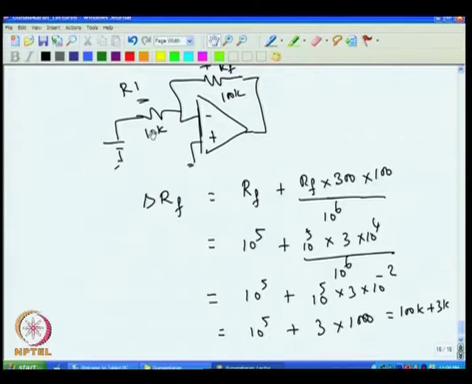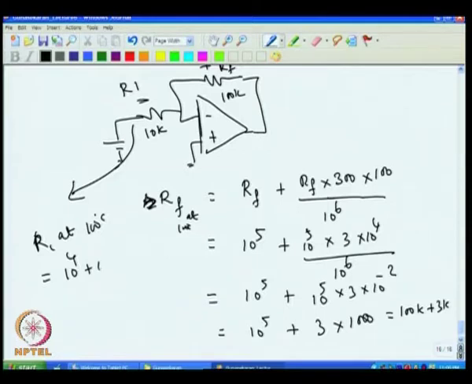Same way, if I calculate for this 10 K, you will get the same equation. If I put delta, this is actually the actual R1 at 100 degree C, that will work out to be 10 power 4 plus 10 power 4 into 300 ppm.